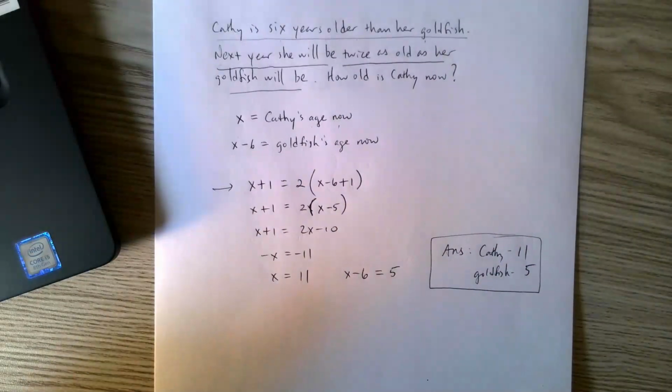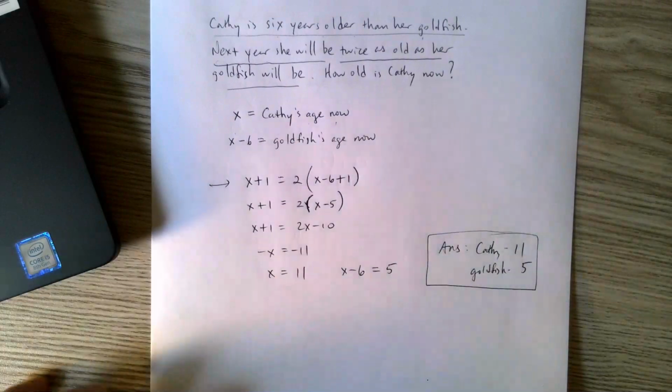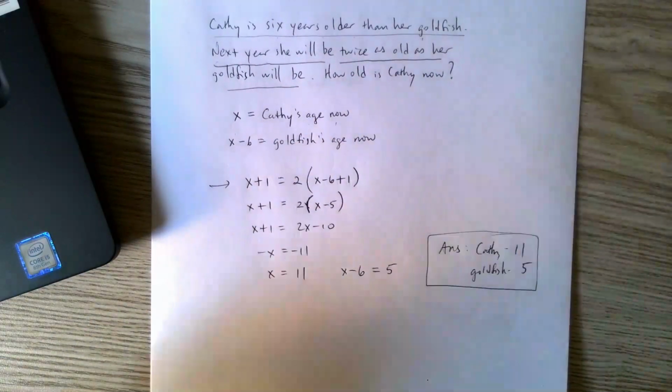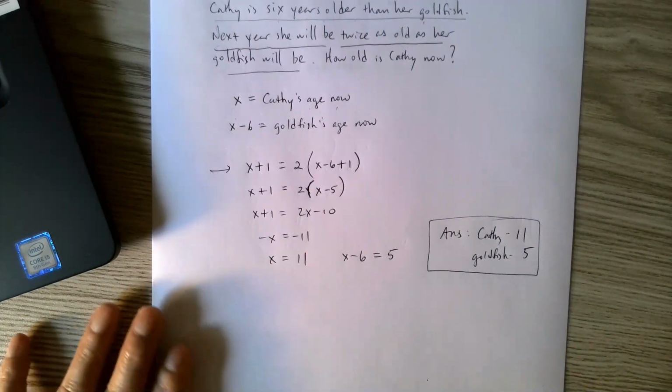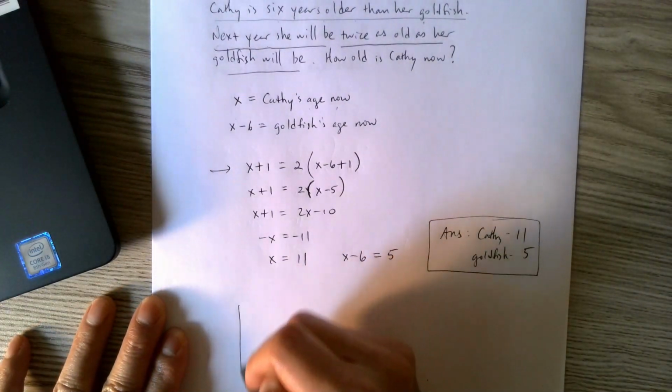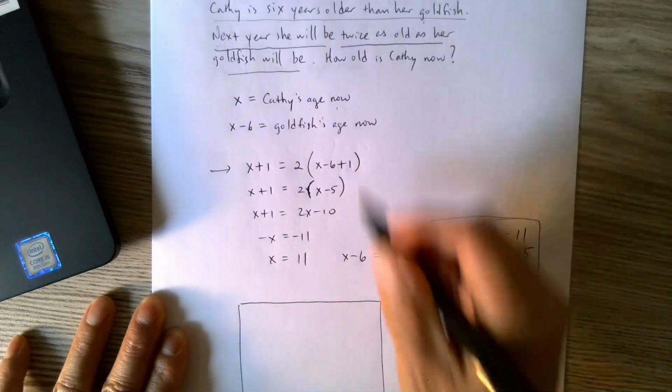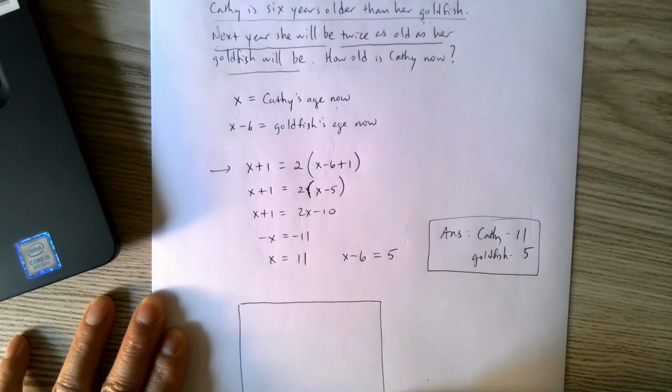Now there's an alternate way to do an age problem which might appeal to you. And that technique uses a chart. So after reading the problem, I set up this chart.